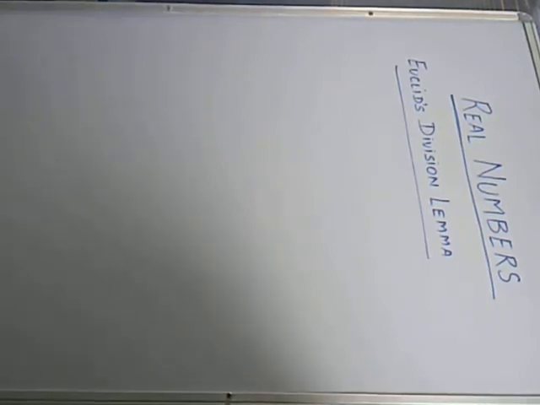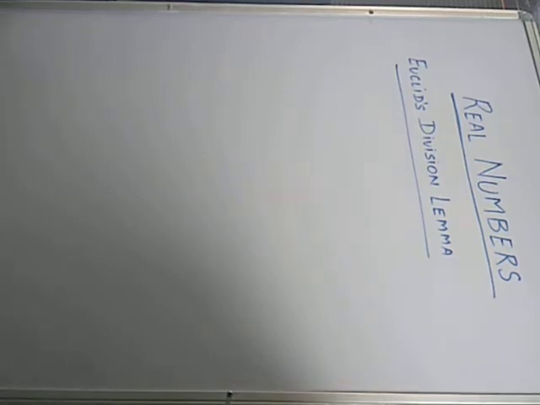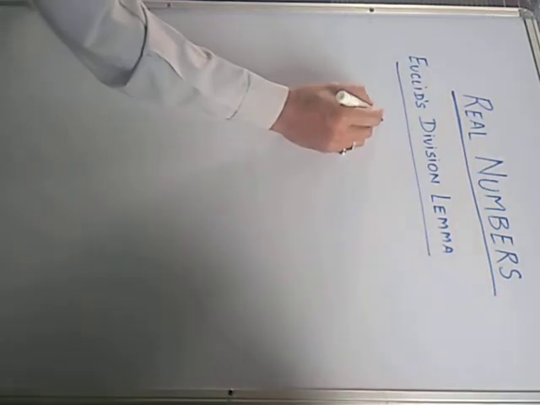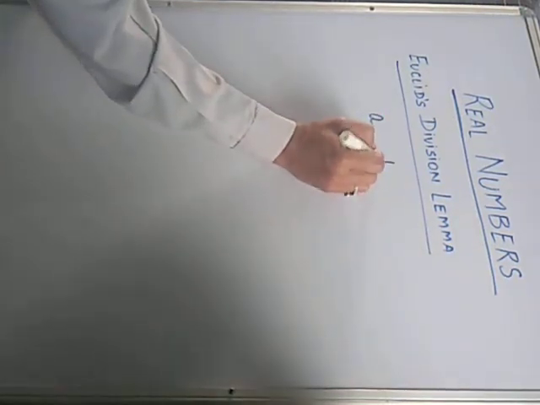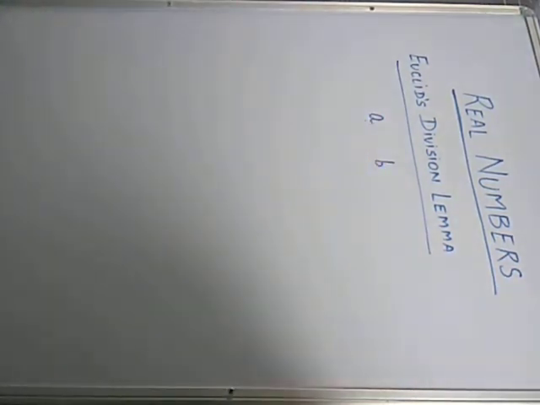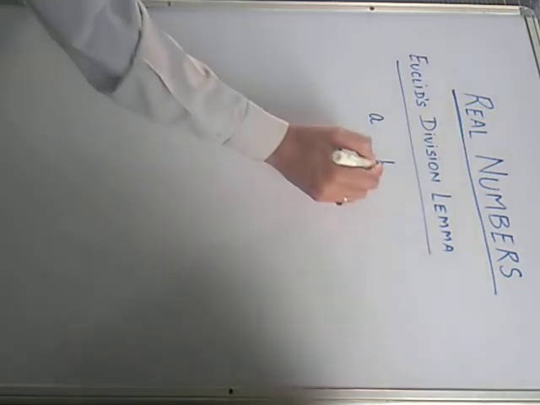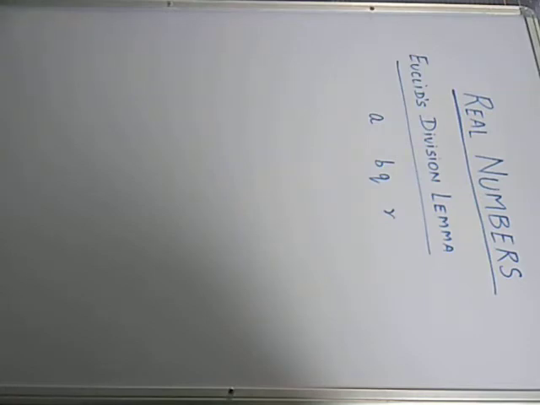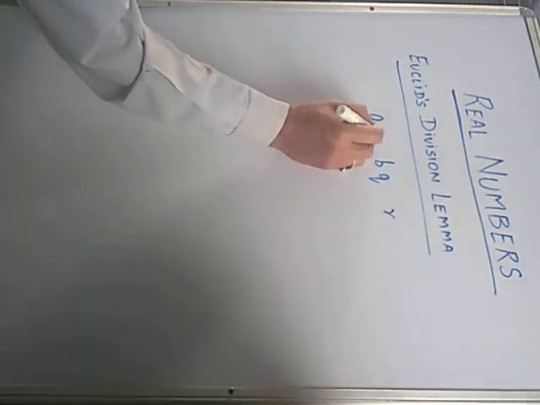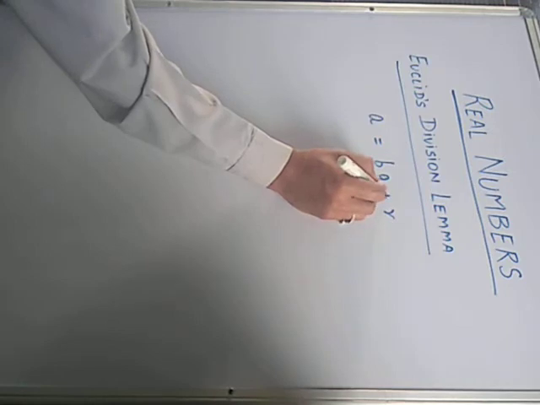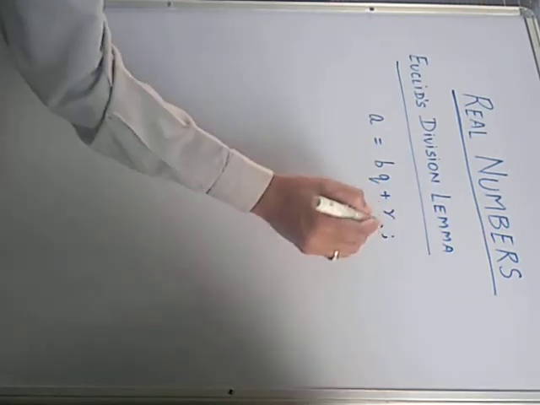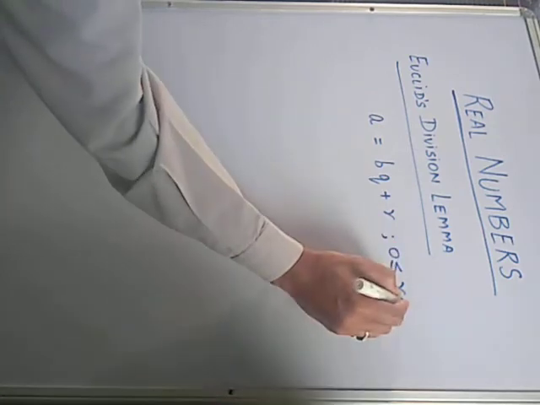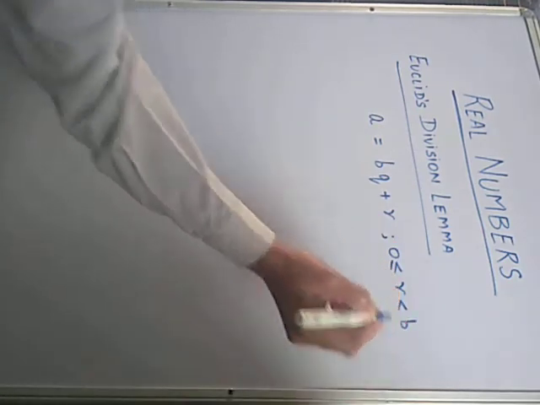Euclid's division lemma states that given positive integers a and b, there exist unique integers q and r satisfying a equals bq plus r, such that r is greater than or equal to 0 but less than b.